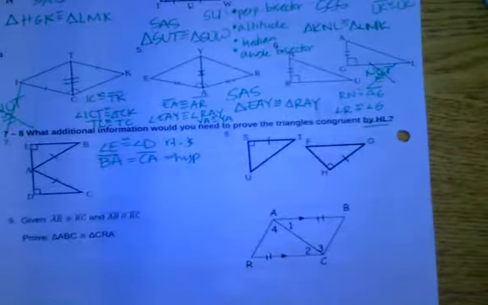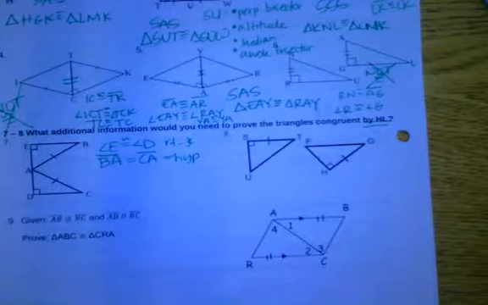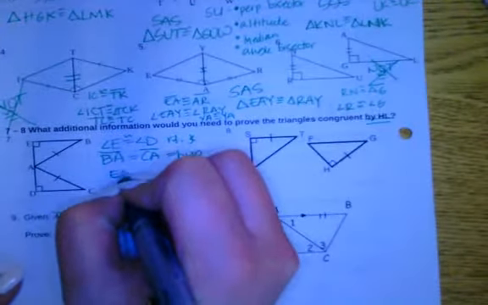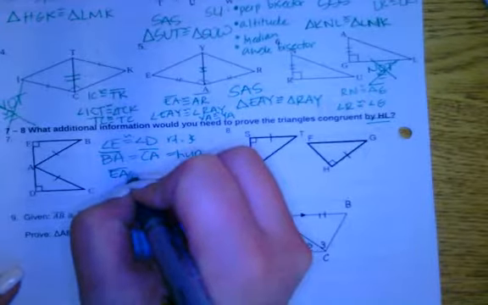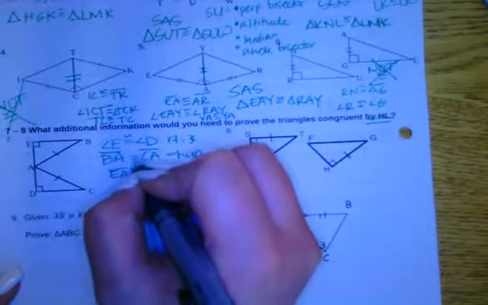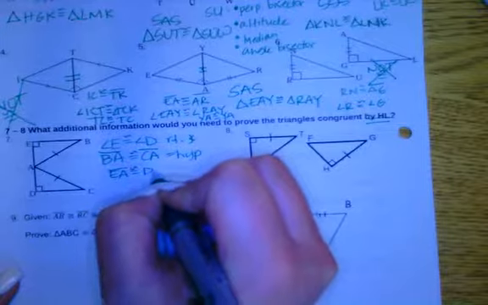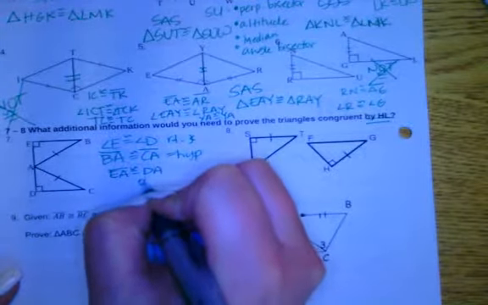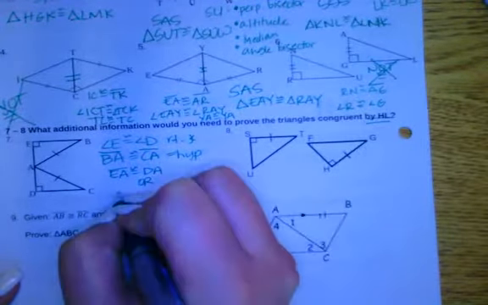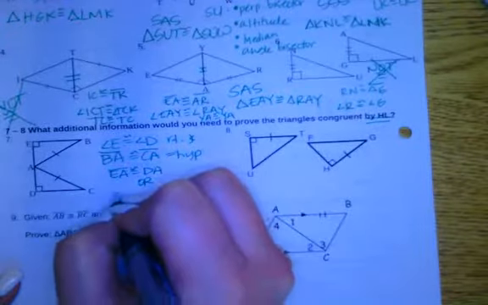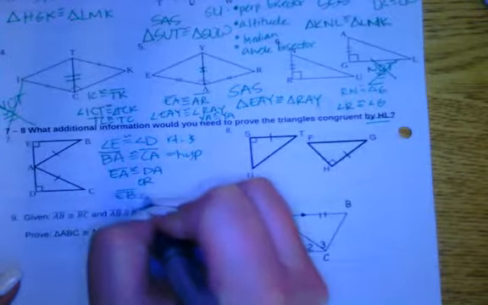So somebody give me something. EA is congruent to DA, or EB is congruent to DC or CD. Okay, so either of 2 answers. You don't have to give me both, but you have to give me one of them.